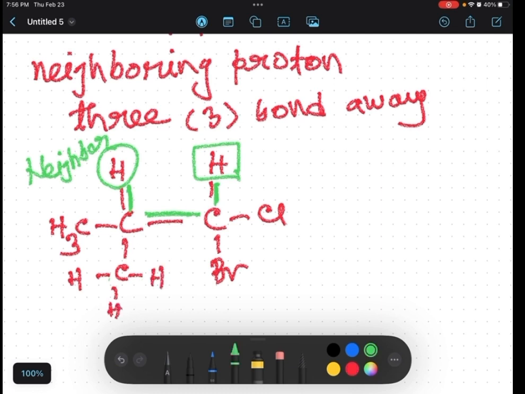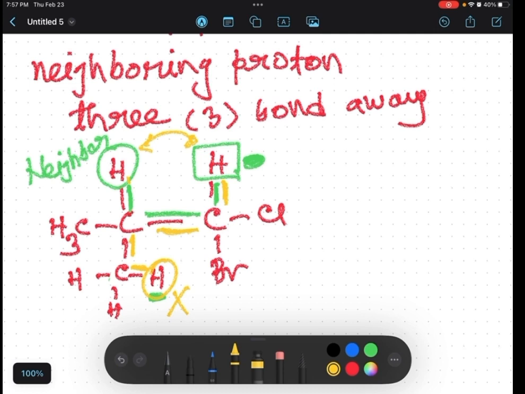Now if you count from this proton, how many bonds to this proton? 1, 2, 3, 4. So that's why it cannot be a neighbor. But if you go three bonds from this proton to this proton, you can count 1, 2, 3, three bonds, so that's why it is a neighbor.